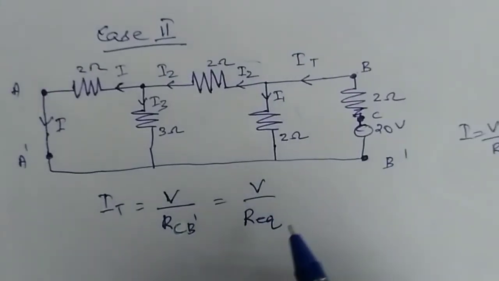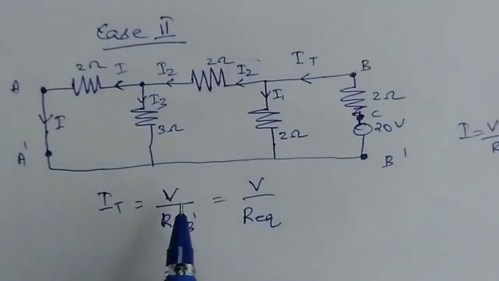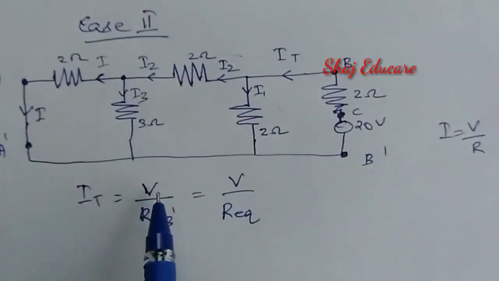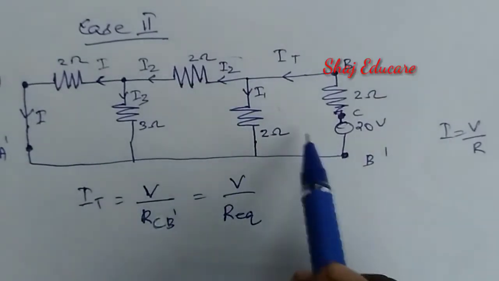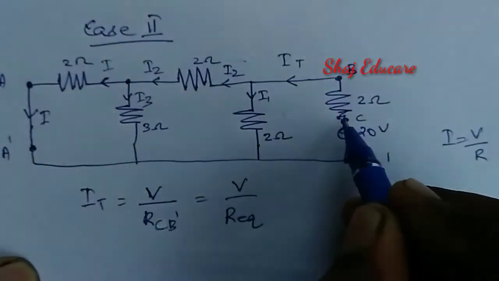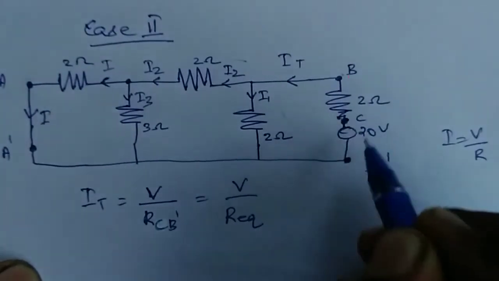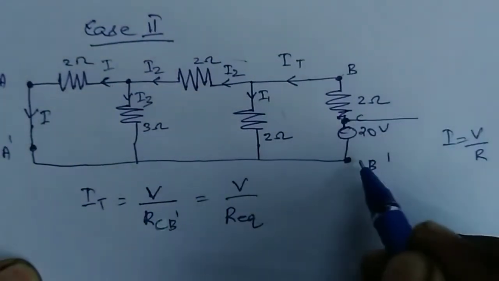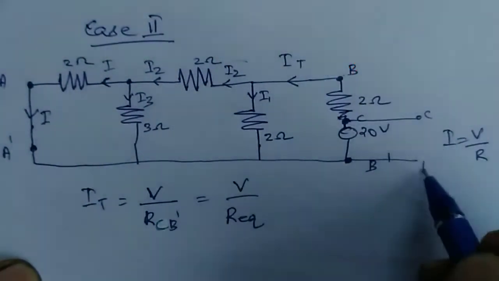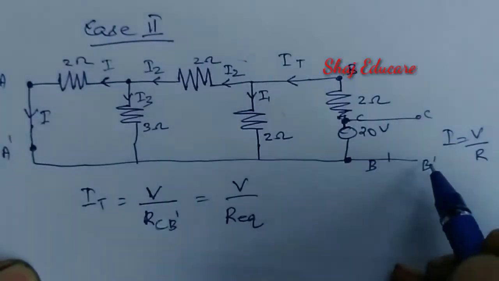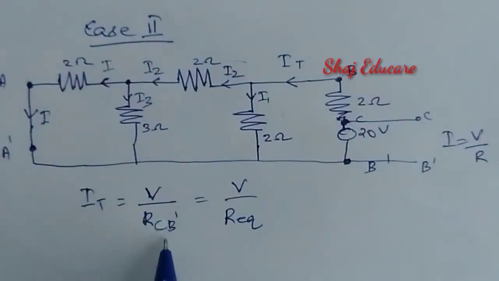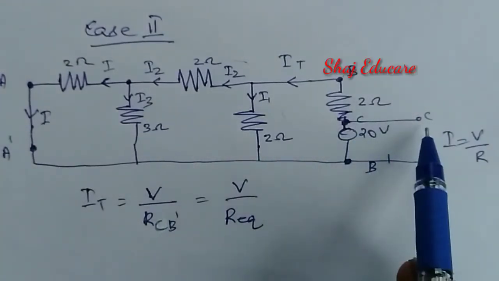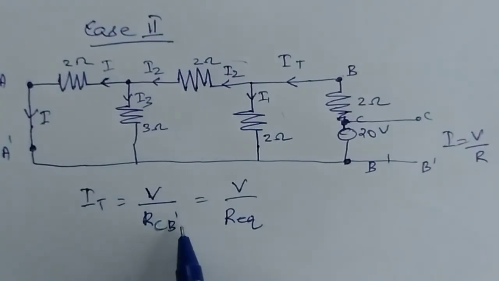IT will be, simply, current is equal to V by R. So IT will be the 20 volt voltage source divided by the total resistance across the voltage source, that is the total resistance across CB dash, RCB dash.